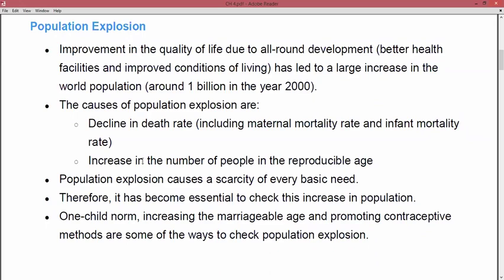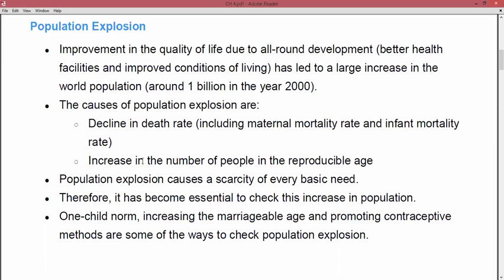And on the other hand, an increase in the number of people of reproducible age. So the birth ratio is comparatively more than the death ratio. So these are the two main important causes for the population explosion. That is why the population is increasing day by day, right?